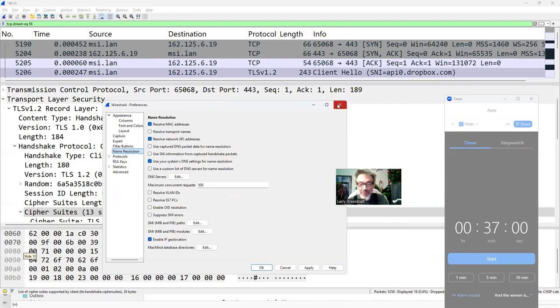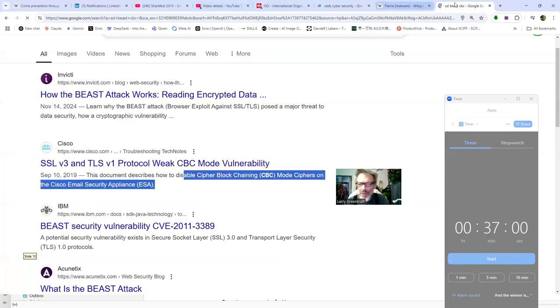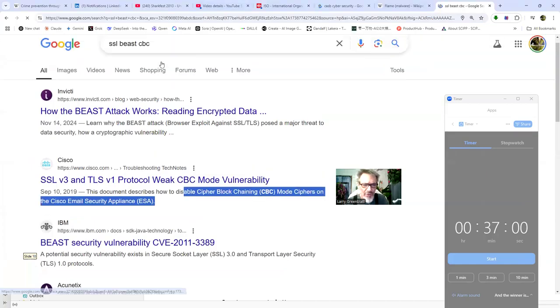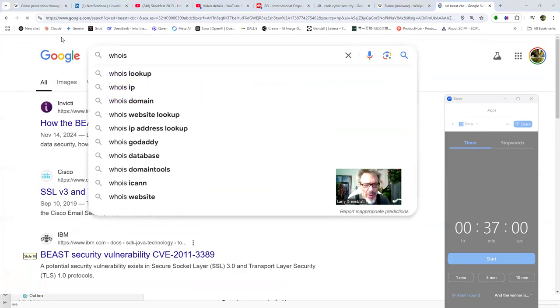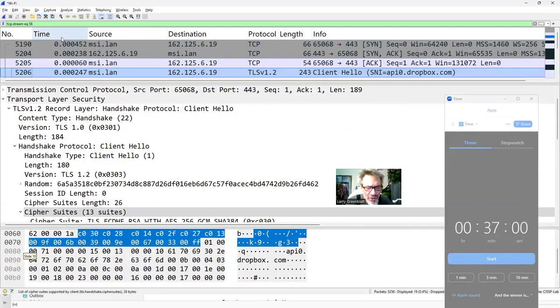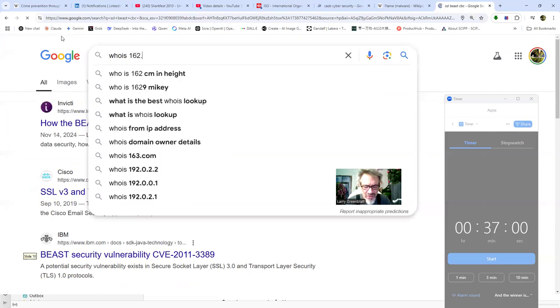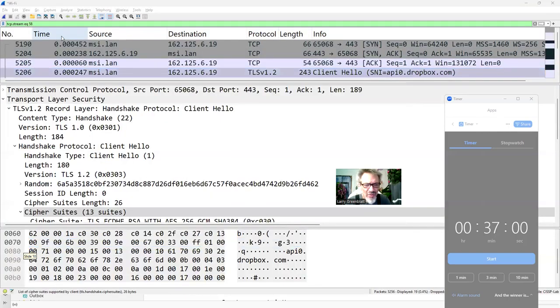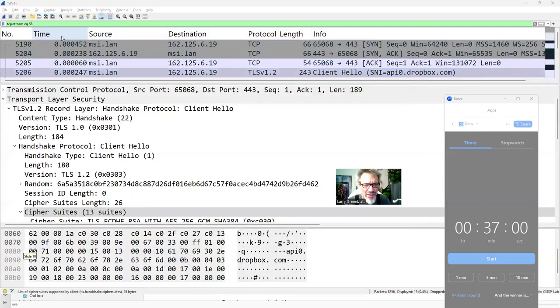All right, so now we're going to get a little bit more forensics. Somebody owns 162.125 probably, so let's see if we can figure that out. And there is a database known as whois. 162.125.6.19.